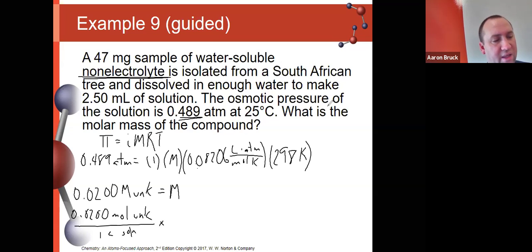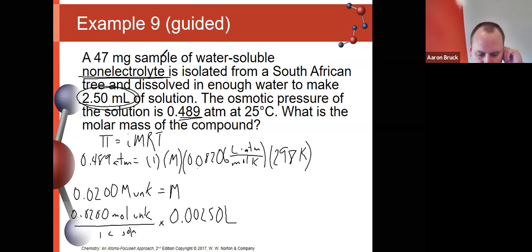So if I multiply this by the liters of solution, which comes from this 2.5 milliliters, 0.00250 liters, 0.0200 times 0.00250, I get 5.00 times 10 to the negative fifth moles.